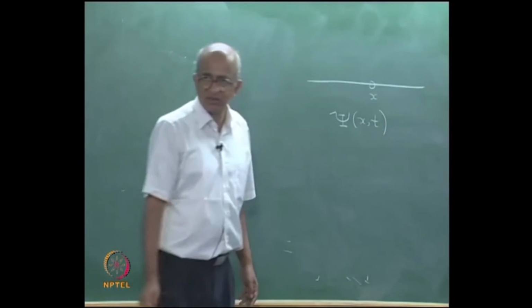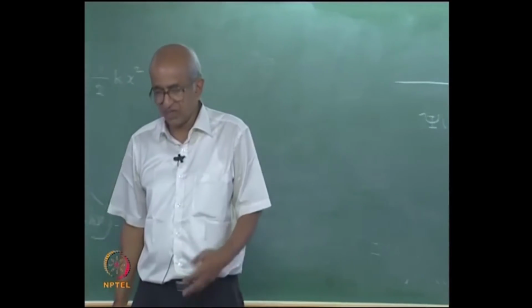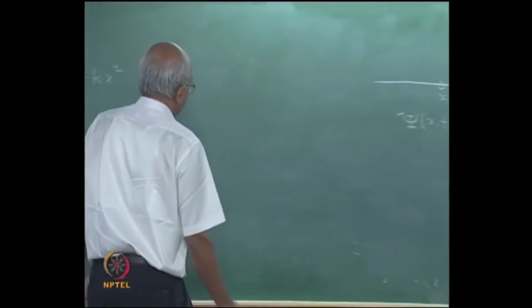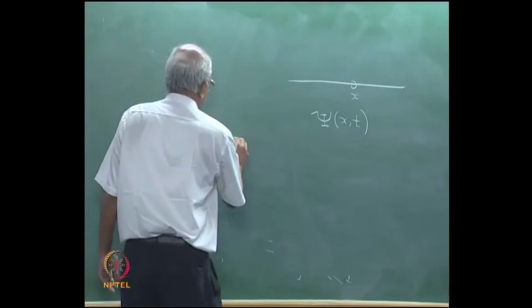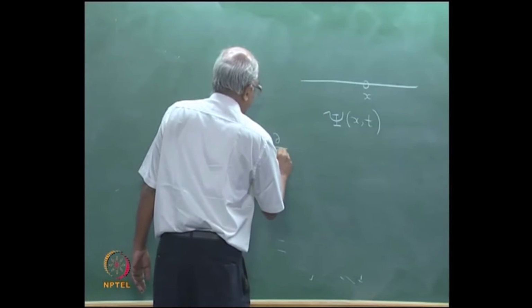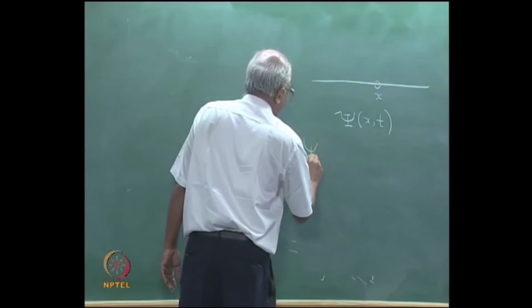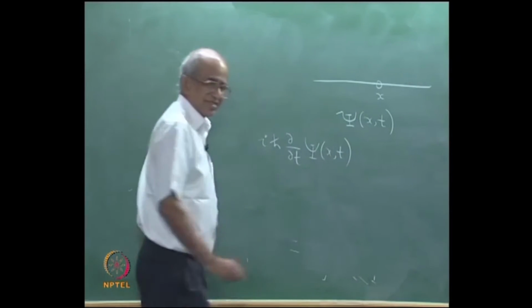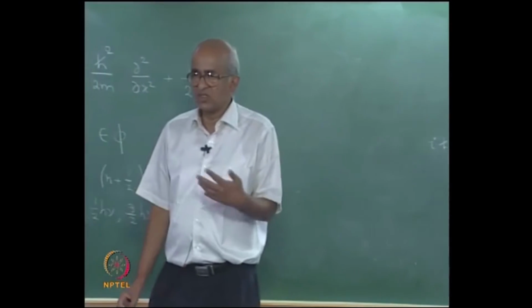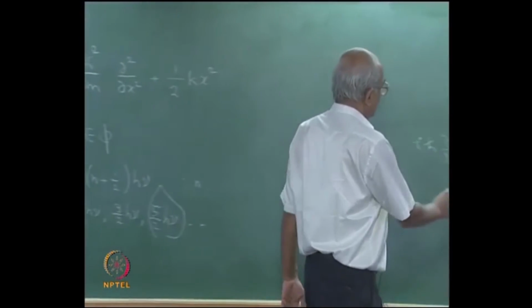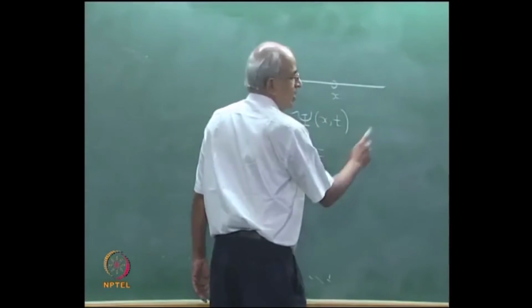That is what the first postulate says, and we want to determine the state function. How can I do that? The answer is that I have to worry about this equation, which says i h cross dou by dou t operating upon psi, where psi is a function of x and t, just 2 variables because it is a one dimensional system, and that must be equal to H psi.